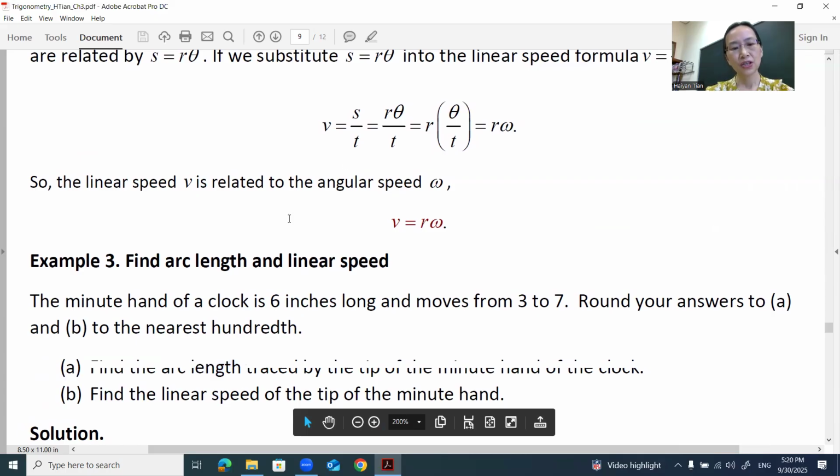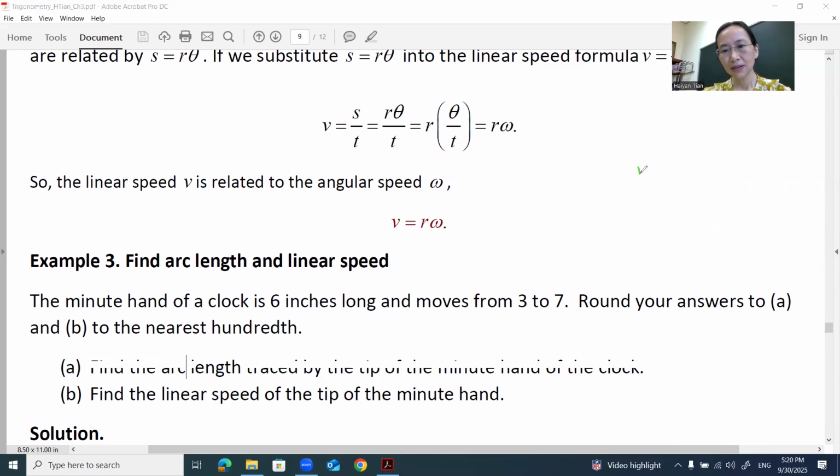So the first question, you just try to imagine this clock. It's a circle. Let's draw a circle. And suppose this minute hand of a clock is 6 inches long. So this hand is like a circle of radius 6 inches long, and it's going to move from 3.